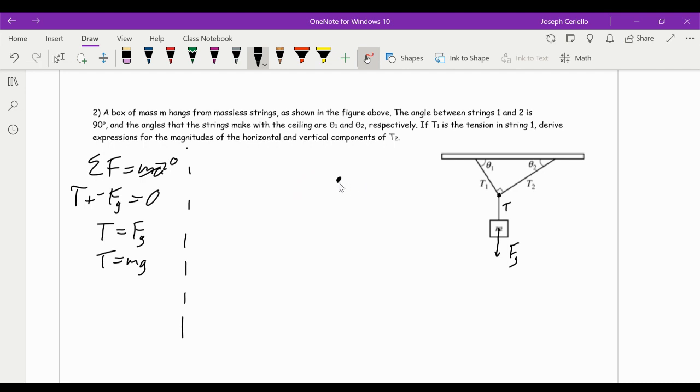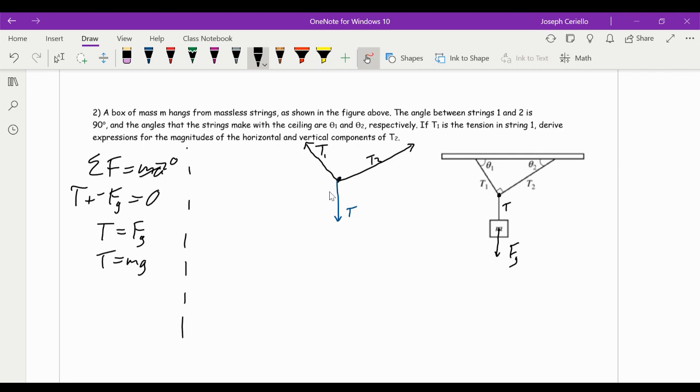Though those should never be in a free body diagram, it's going to be really helpful here. So we have T pointing down, and then we have T1 going up into the left. We'll call that T1. And then we have T2 going up into the right. Call that T2.